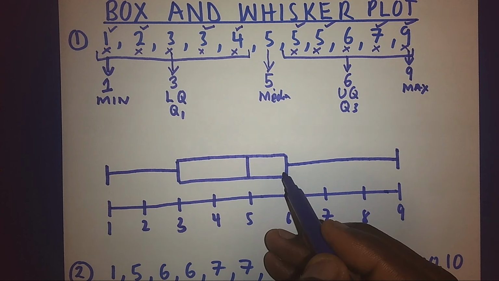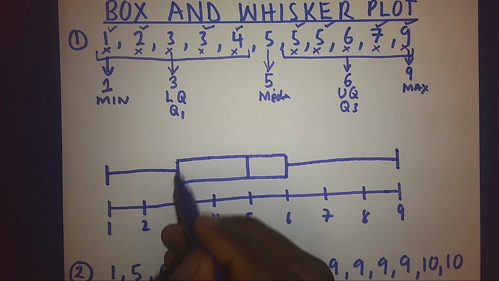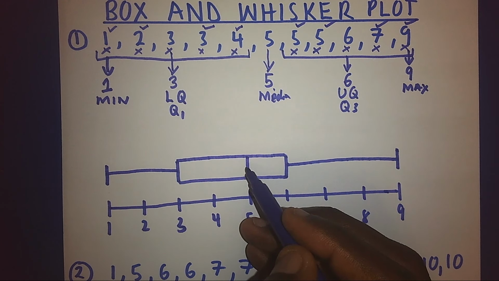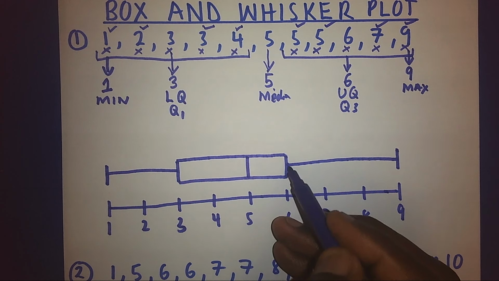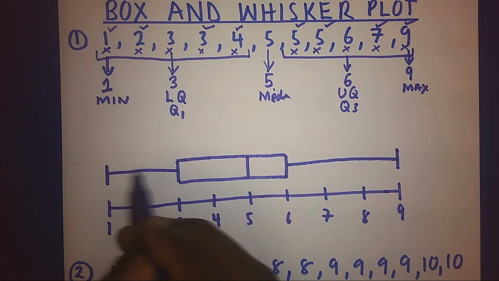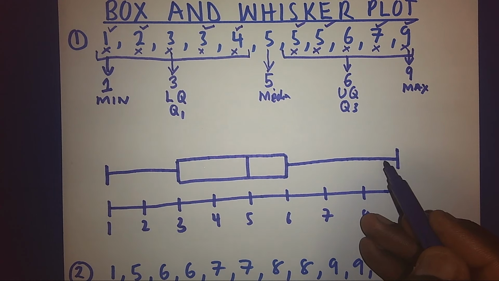Why half of the data? Because from the lower quartile till the median is a quarter of the data. From the median to the upper quartile is another quarter of the data. The lower whisker shows another quarter of the data, and the upper whisker shows another quarter of the data.